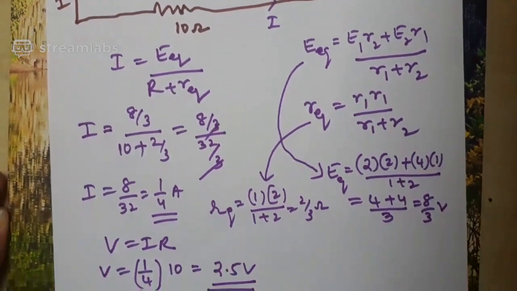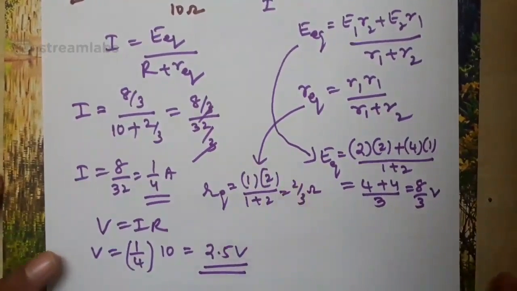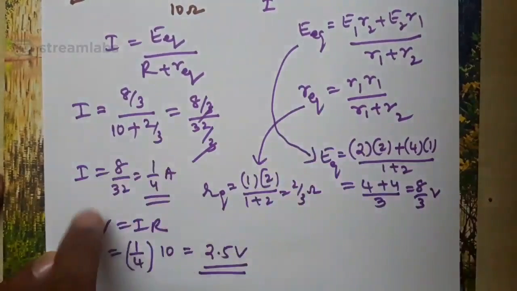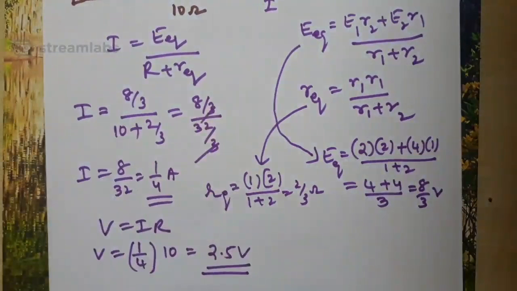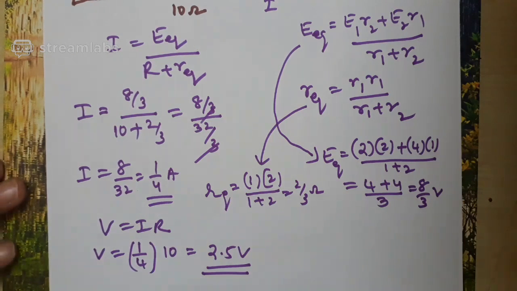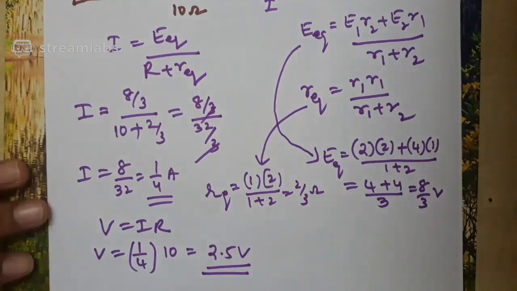Over. So you will get E equivalent as 8 by 3 volt, R equivalent as 2 by 3 ohm. I have the formula, substitution is done. For I first, I is equal to this formula, do the substitution, copy it quickly. This is actually a simple method, but I'll explain one more method, that is using KVL. Okay, copied, 2.5 volt is the answer.